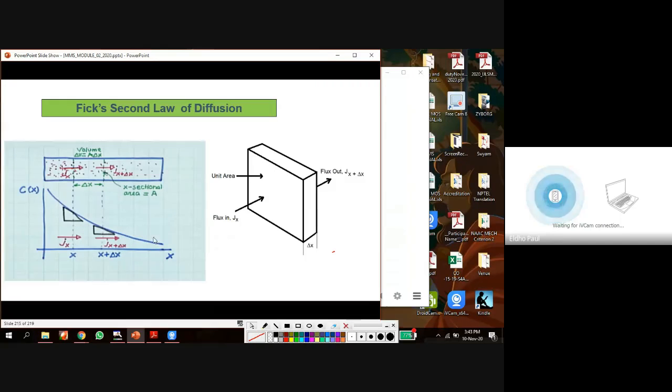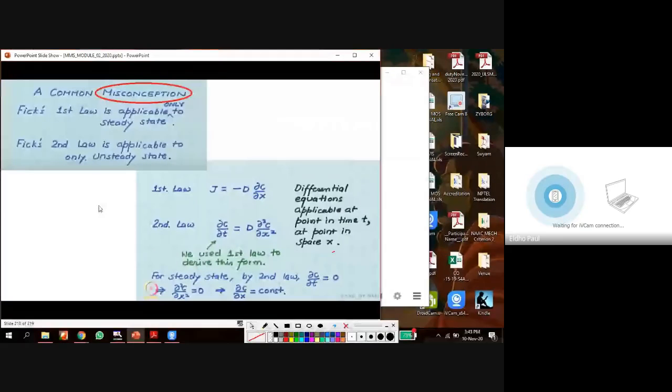This is because of unsteady state diffusion. If it were steady state diffusion, both would be the same Jx value, with no change in the concentration. But we derive the second law by assuming an unsteady state condition. But this is a misconception.